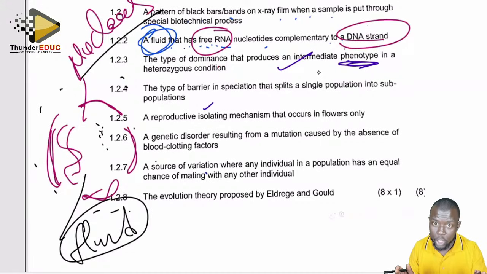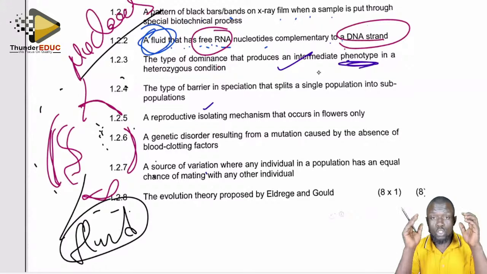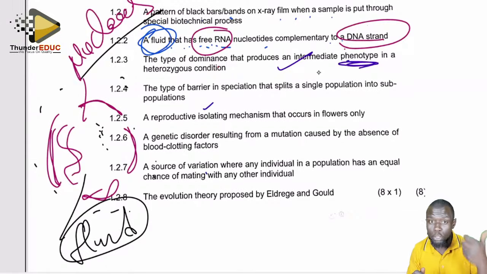There was one population of rats. The population is divided into two by a rock. So a rock becomes a geographical barrier, dividing this population of rats into two subpopulations. How do you call the structure which splits this population into two subpopulations? We call it geographical barrier.